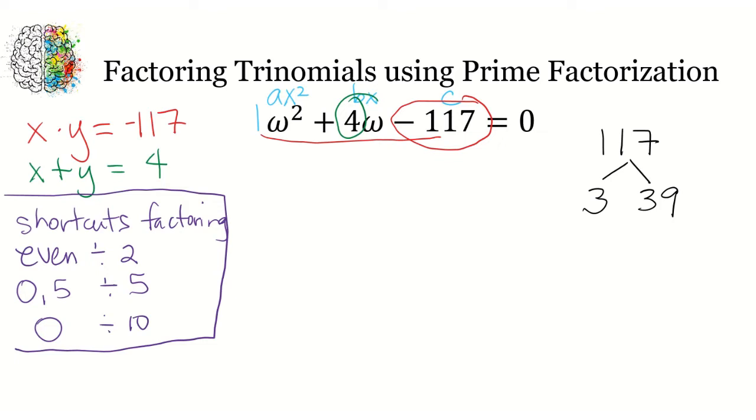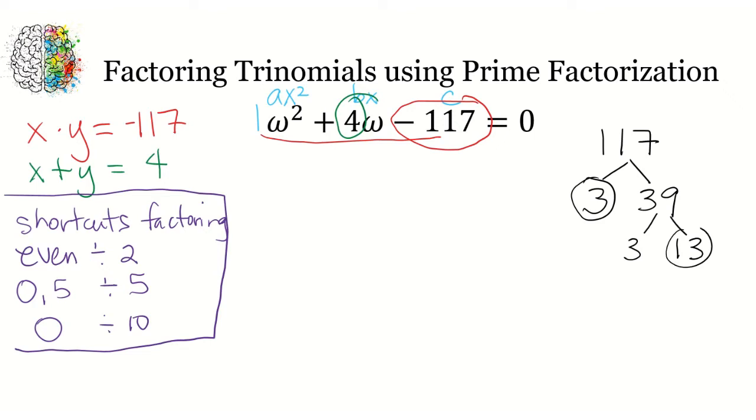Now I'm going to take that 39, the 3 is already a prime number, and I want to break that 39 down. I notice that this is a 3 and a 9. Both of those are multiples of 3, so that should be able to divide by 3 again. And when I divide that by 3, that's going to give me 3 and 13.